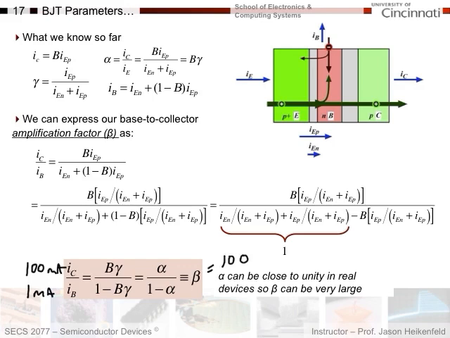And again, if we design this well, our current transfer ratio can be close to 1, right? If it's like 0.99 or 0.995, then you could see that this becomes very large because you end up with 1 over 1 minus something close to 1, a small number here, which makes this ratio become very large. And so you can get very large amplification factors for the BJT if you design it well for all these terms.